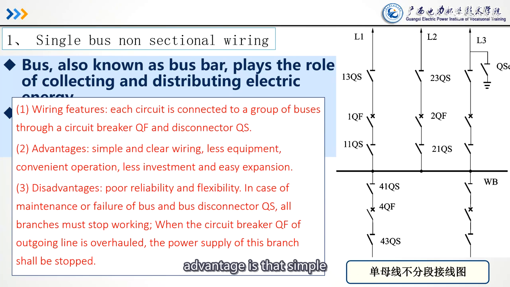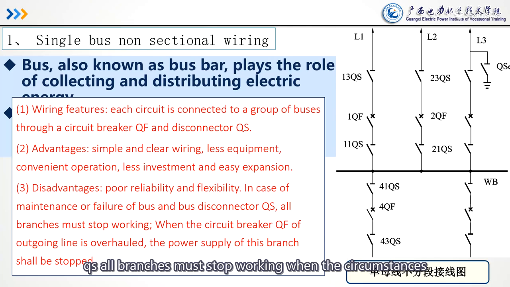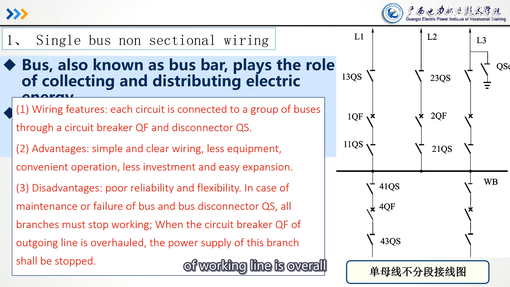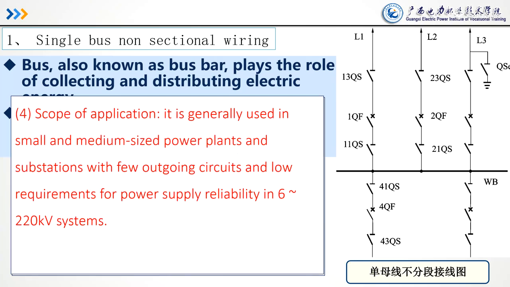The advantage is simple and clear wiring, less equipment, convenient operation, less investment, and easy expansion. The disadvantage is poor reliability and flexibility. In case of maintenance and failure of the bus and bus disconnector QS, all branches must stop working. When the circuit breaker QF of a working line is overhauled, the power supply of this branch shall be stopped.